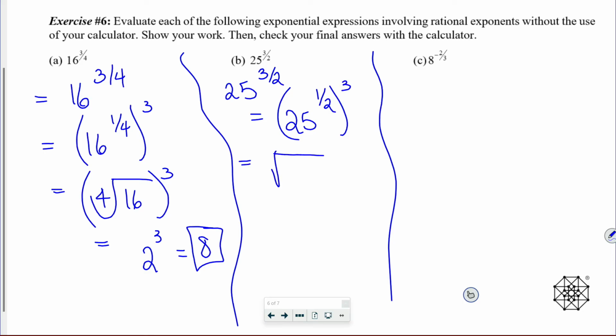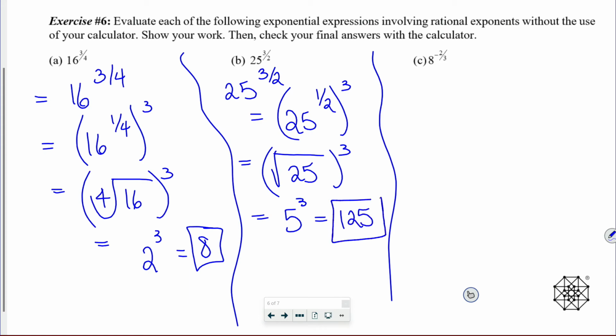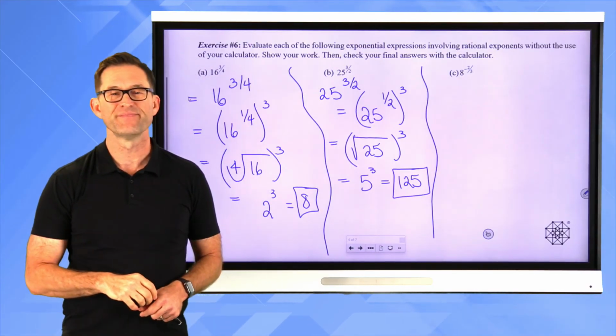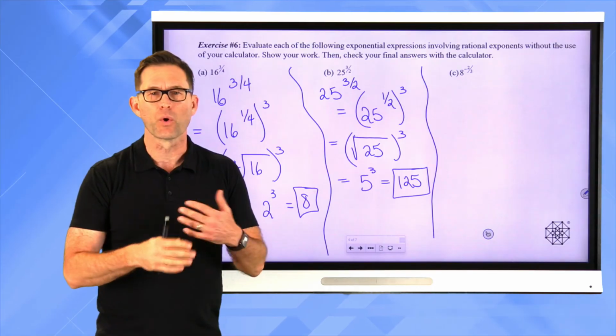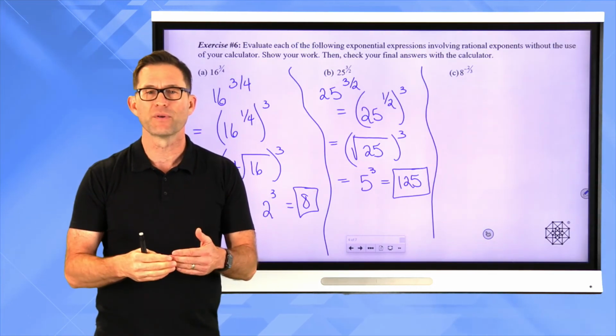That's the same as the square root of 25 cubed. That's 5 cubed, and 5 times 5 times 5 is 125. Awesome.